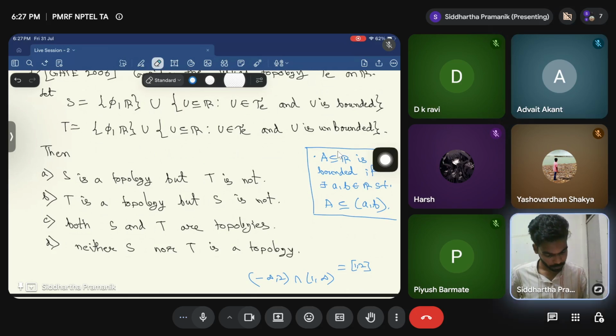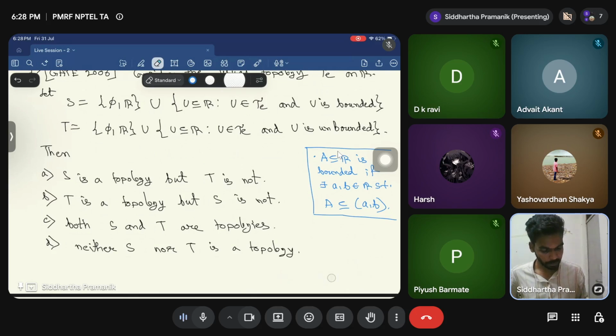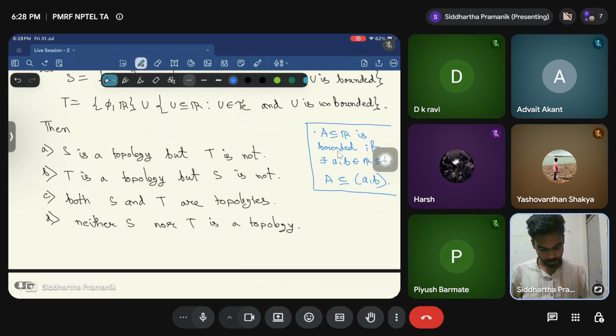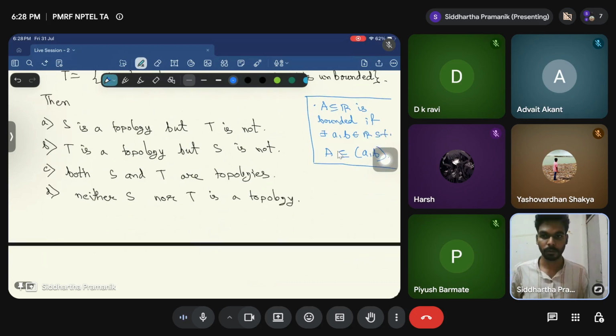Yes, yes, it is open. But that is not an unbounded set. That is a bounded set. So neither S nor T is a topology. So I hope others got this example.